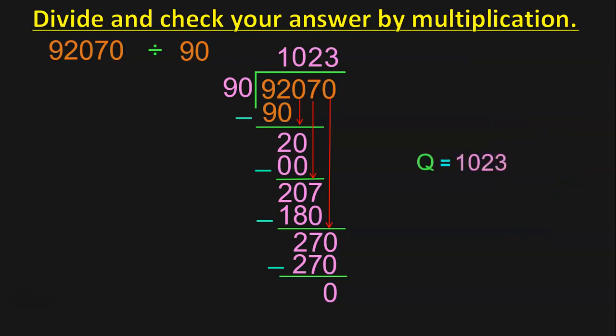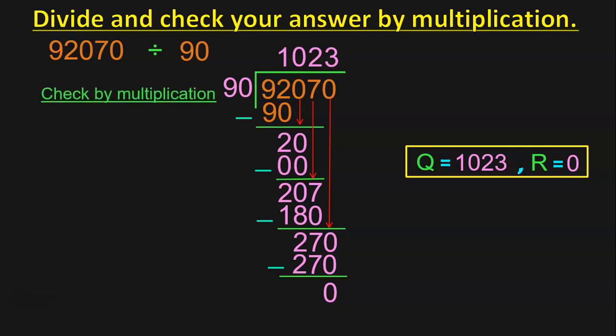Take and write down the answer. Quotient is 1023 and remainder is 0. The next step is to find out if the answer is correct by the method of multiplication. We are going to multiply the quotient 1023 by 90, which is the divisor. So the first step you can ignore because in the ones place you have a 0. So instead of that, add a 0 in the answer in the ones place.